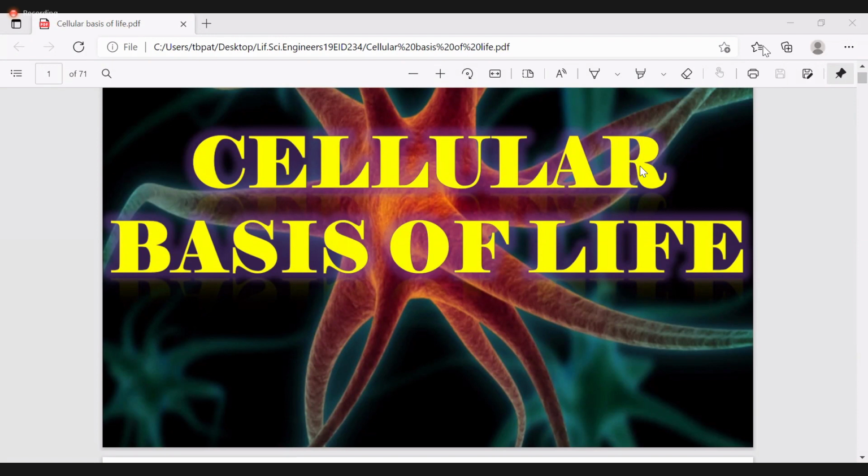Cellular base of life. What is the cellular base? The cell is a unit for any creature, whether it is a unicellular body or a multicellular body. The functionalities, systems, everything develops through this only. But in what way? The several golden theories, the new era, so new theories also develop.